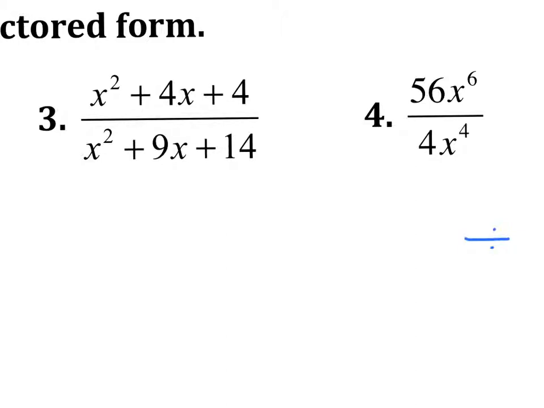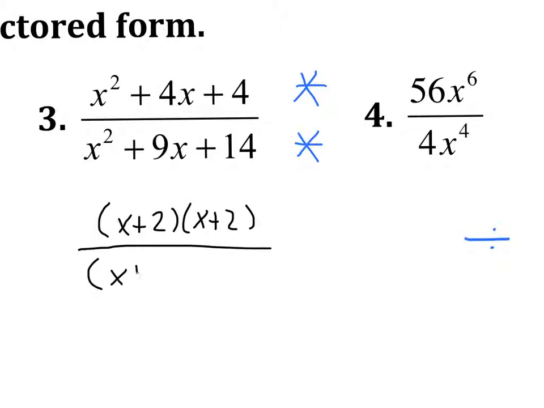Great, so we are indeed going to snowflake both the numerator and denominator. And when doing that, the numerator becomes x plus 2 times x plus 2. And when we snowflake the denominator, we get x plus 7 times x plus 2.